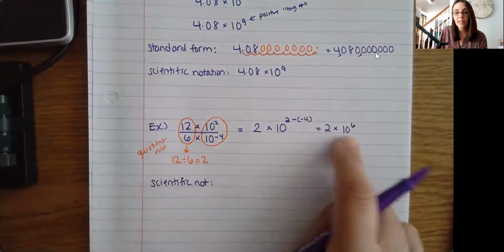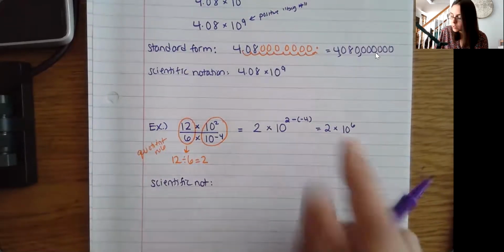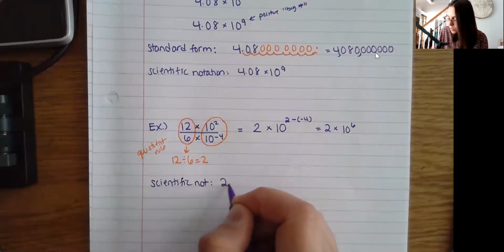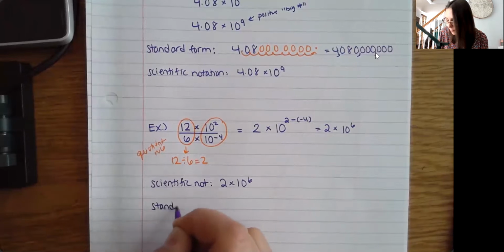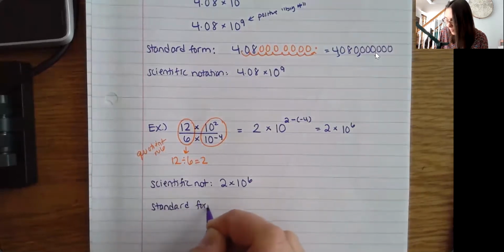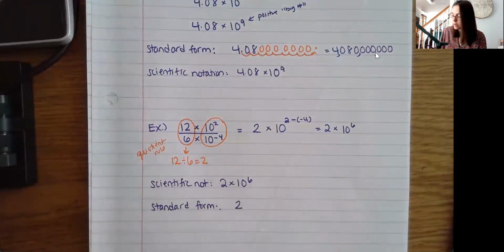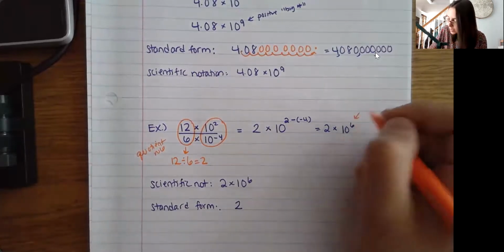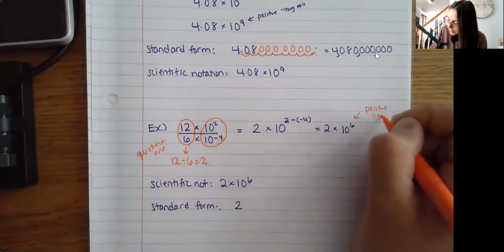Now this answer is already in scientific notation because that first value 2 is between 1 and 10. So if I need my answer in scientific notation, I can just leave it. If I want it in standard form, I am going to need to kind of multiply that out. So here you have a positive exponent. So I need to make some sort of big number.